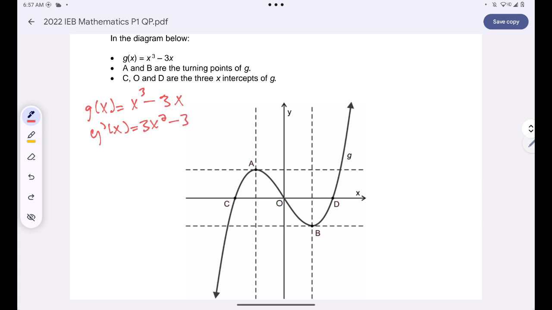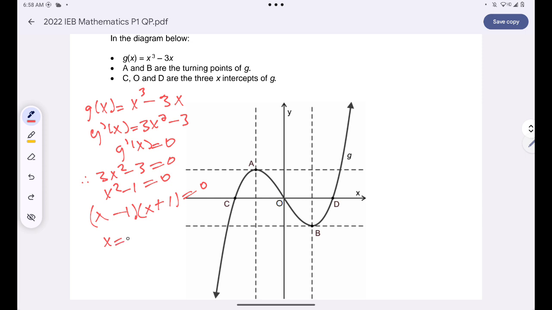Then 3x squared minus 3 is equal to 0. I can divide everything by 3 and end up with x squared minus 1 is equal to 0. Then I'll factorize. This is a difference of 2 squares, right? I'll just have minus and plus. Then x is 1, or x is negative 1.